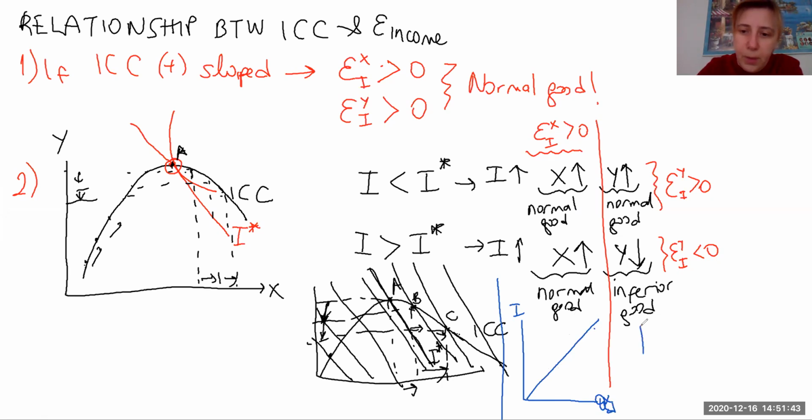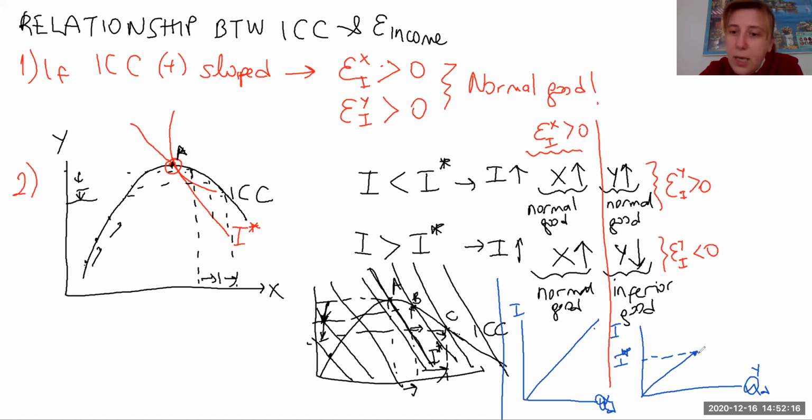However, for the Engel curve of good Y, the quantity demanded of good Y is on the horizontal axis and income on the vertical axis. Until a critical income level, I star, that we determined here at point A, it's a normal good, so the Engel curve is positively sloped.